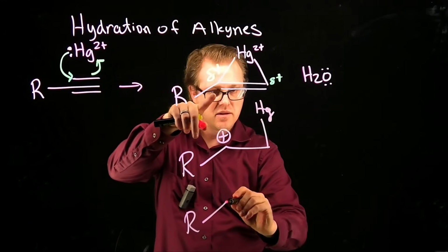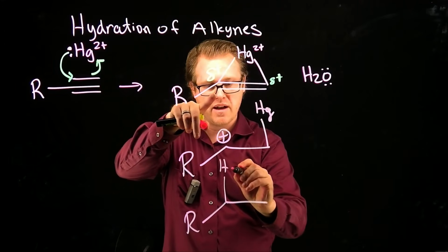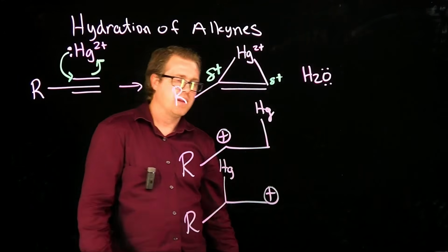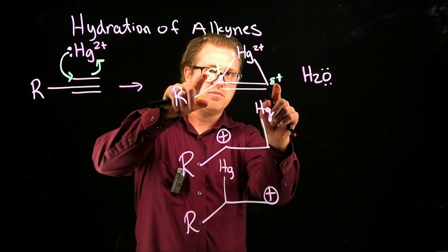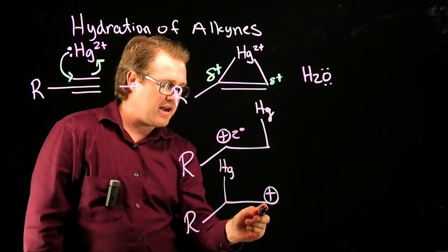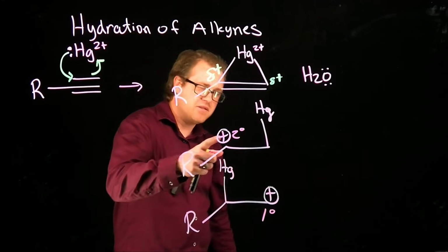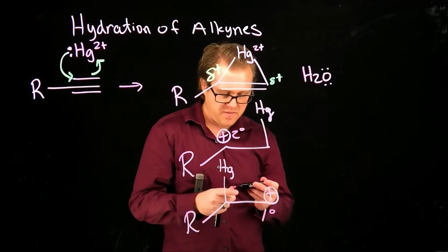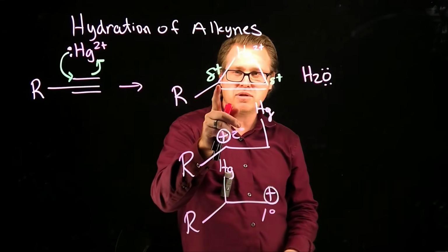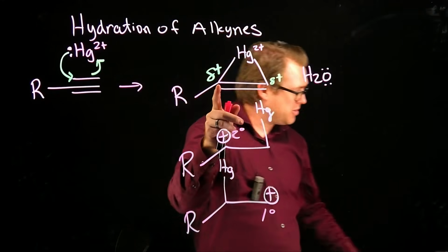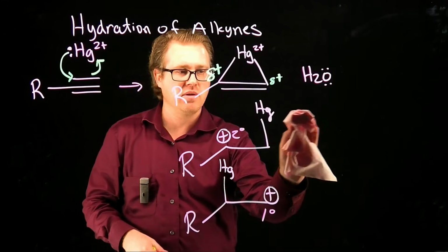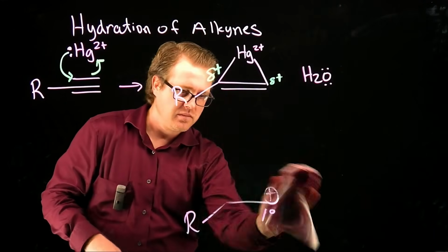Versus if the mercury stayed on that carbon, then we would have a primary carbocation. So when we're looking at these partial positives here, this one is a secondary carbocation, that's a primary. We know primaries don't form. So when it's in this cyclic structure right here, this one's going to have a more partial positive because it's going to be more stable due to these alkyl groups donating electron density in.